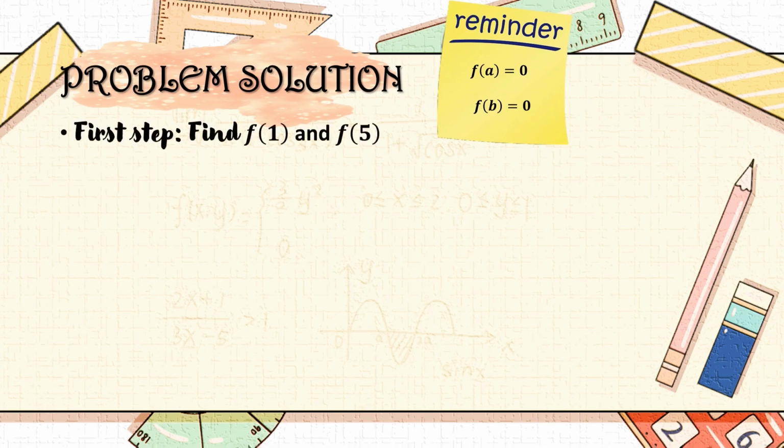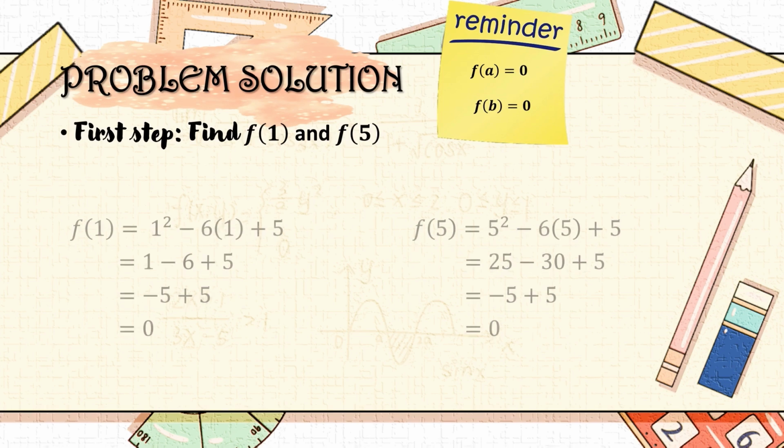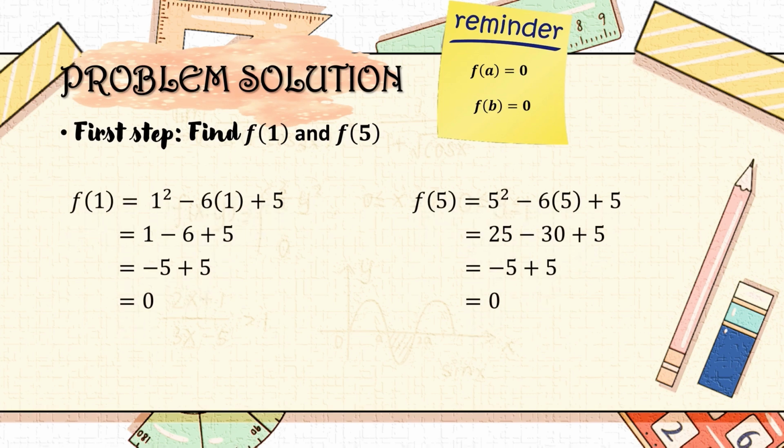So here we go. Step 1, we have to prove that f(a) and f(b) are equal to 0. To prove it, we substitute 1 and 5 into the function. So f(1) equals 1 squared minus 6 multiplied by 1 plus 5, equals 1 minus 6 plus 5, equals negative 5 plus 5, equals 0.